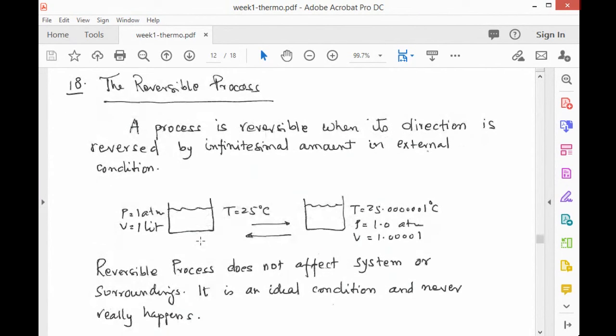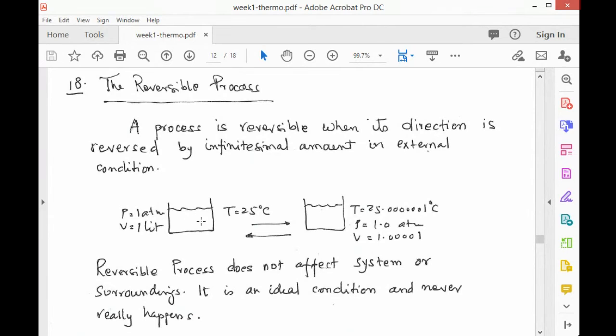Then we talk about the reversible process. Here we have a process that can be reversed in both directions. It's called a reversible process. That is, when I go from this state and I come here and then I go back, I must have the same condition. Then the process is reversible. Otherwise, it is an irreversible process. Okay?